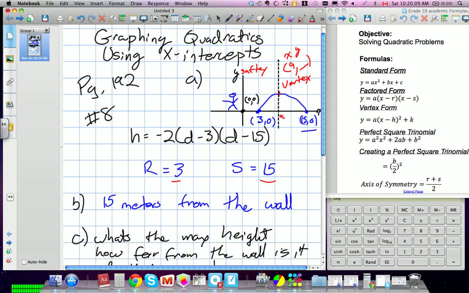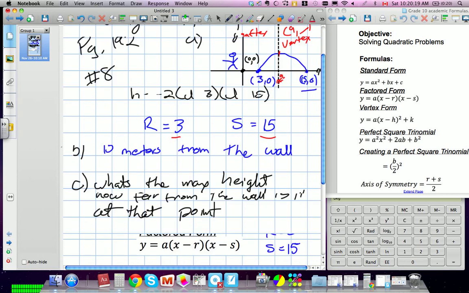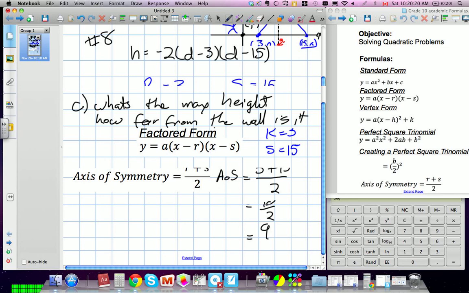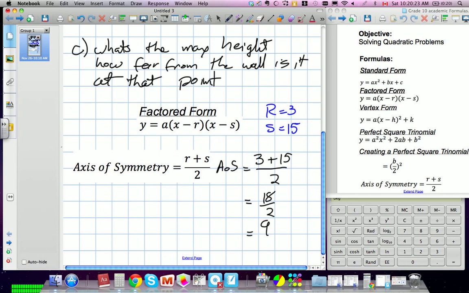Now what we can do to solve that is we take our axis of symmetry and plug it back into our factored form. We're going to plug the x value of the vertex in for the two x's in factored form. So we take y was equal to negative 2, x minus 3. Isn't it 9 minus 3?